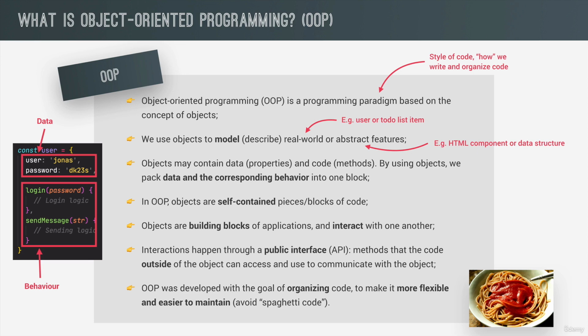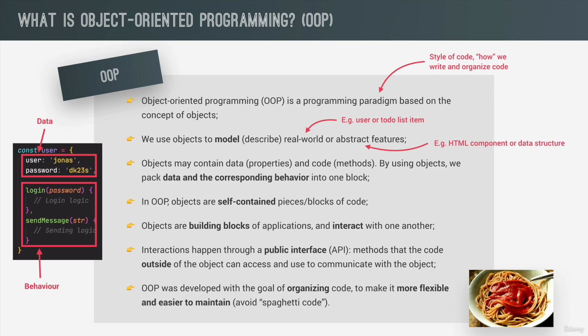And apparently it worked, because today OOP is probably the most popular and most widely used programming paradigm in large-scale software engineering. Now, OOP is certainly not the only way of writing organized and maintainable code.